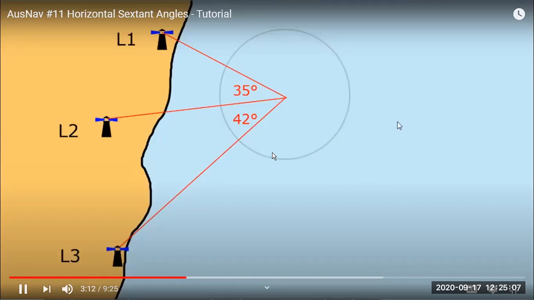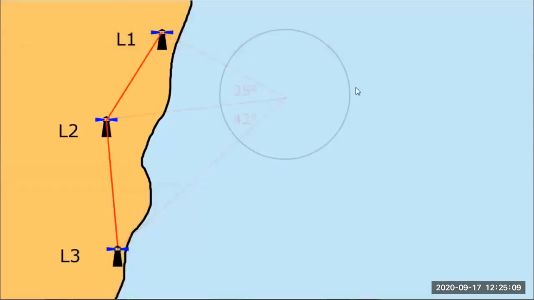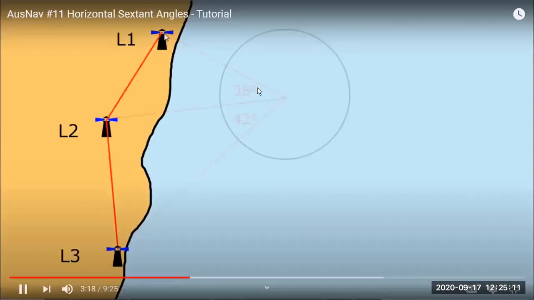We don't plot this on the chart, that's why it is dim. We join the lighthouses.